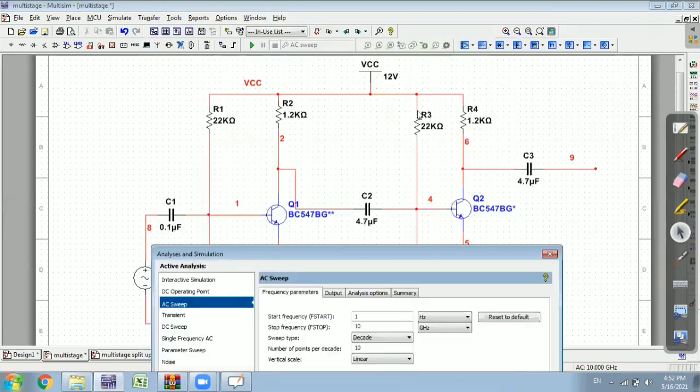Here, we could see the gain of my second stage alone is V9 divided by V2. That is, here this output has been fed to the input. So V9 divided by V2 is the gain of my second stage, whereas V2 divided by V8 is the gain of my first stage.